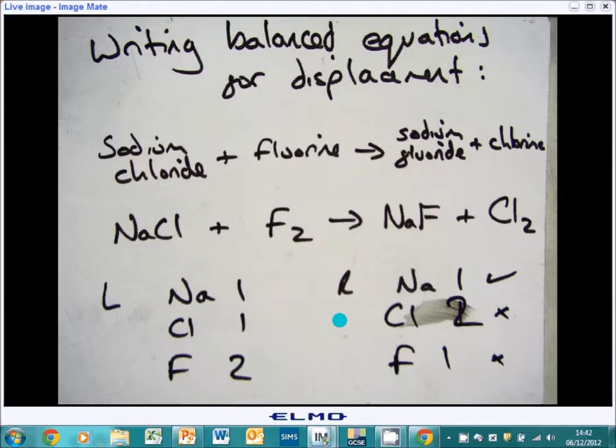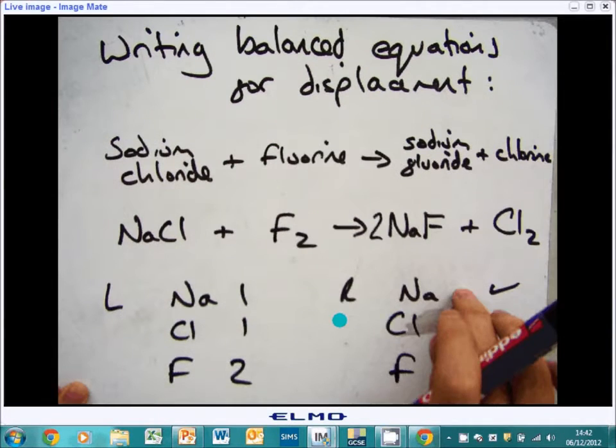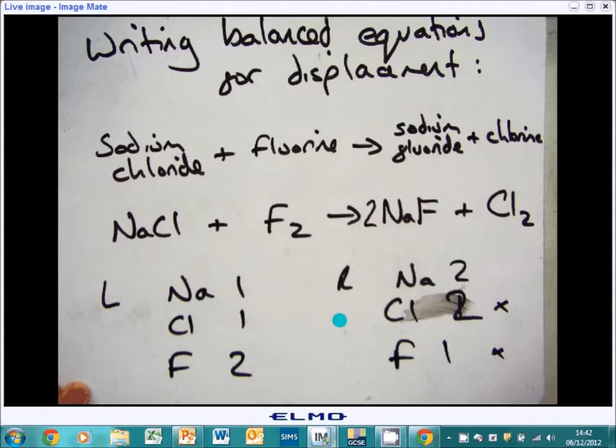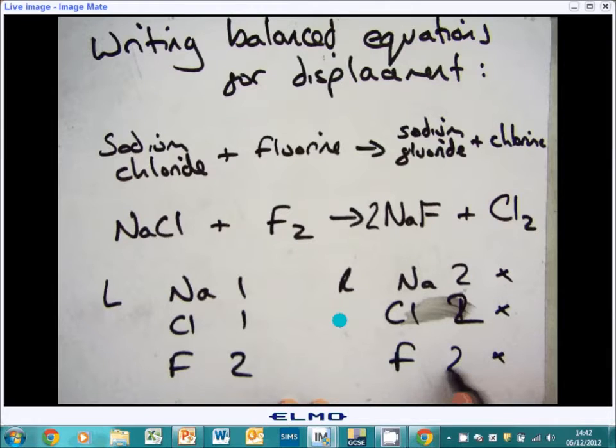So what you need to do is choose something to multiply. We can start over here. Let's try doubling that. We've now got 2 sodiums. That's no longer balanced. But our fluorines are. So the easy way to get around this now is double this on this side.